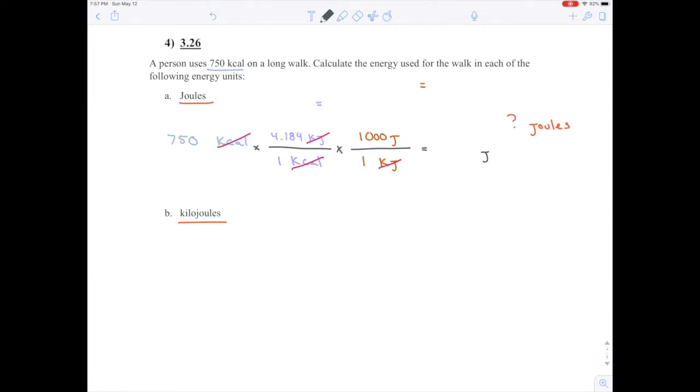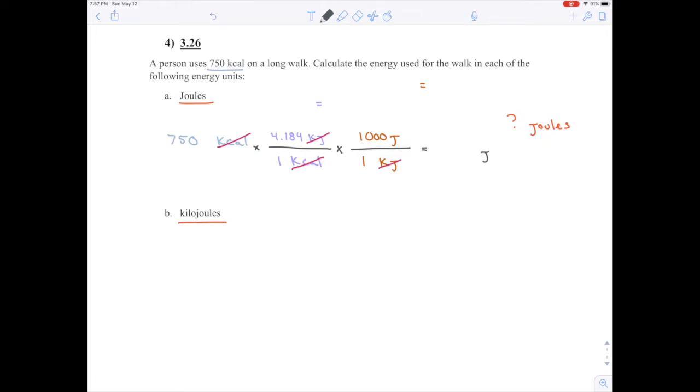Now, you would want to plug this into a calculator. The way you would do it is you would take the 750 and multiply by the top, hit enter, and then divide by the bottom. So 750 times 4.184, enter. That should give you 3,138.